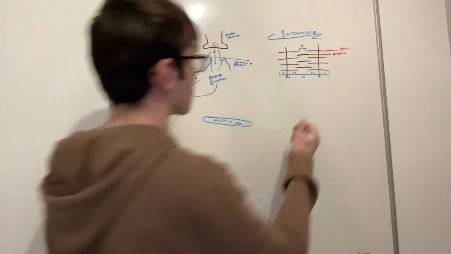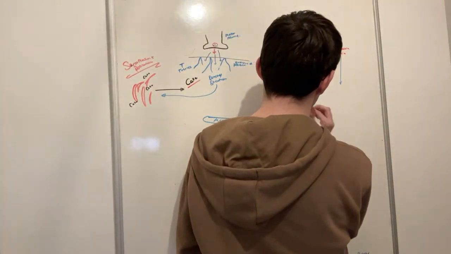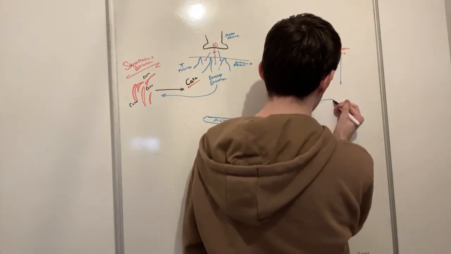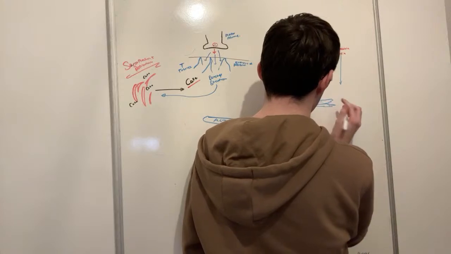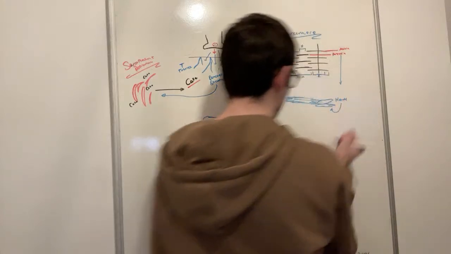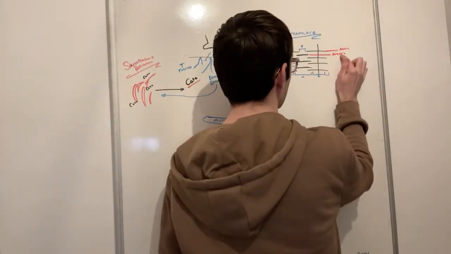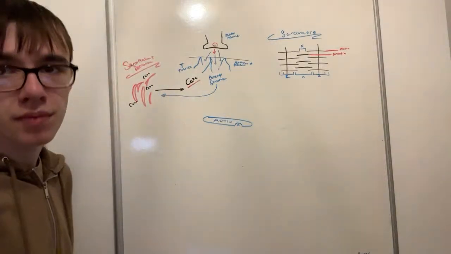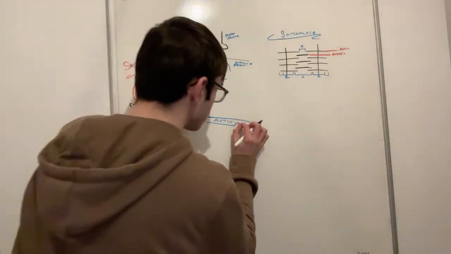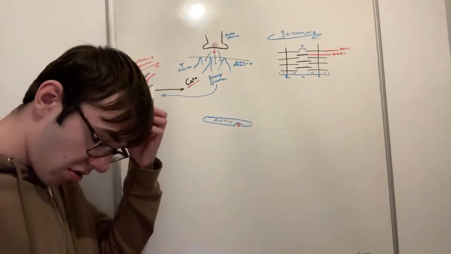Because the thing with myosin is it's a very thick molecule, but it has on it two heads. What these heads do is they bind to that binding site on actin. So that is very important to note, the binding site.